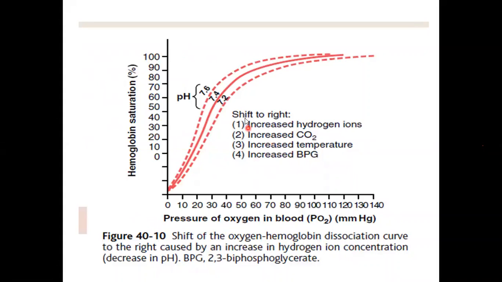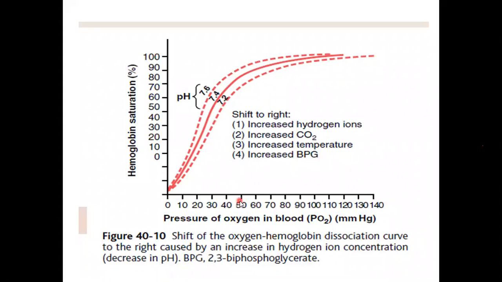So the conditions that occur in the tissues are quite opposite to the conditions that occur at the alveoli. So now what happens? It shifts to the right. Shifting to the right means the oxygen and hemoglobin is dissociated.